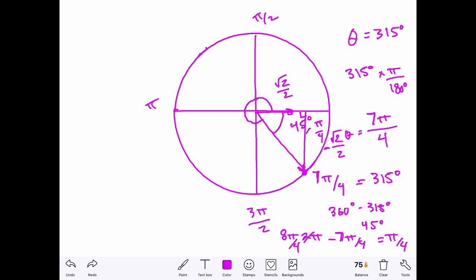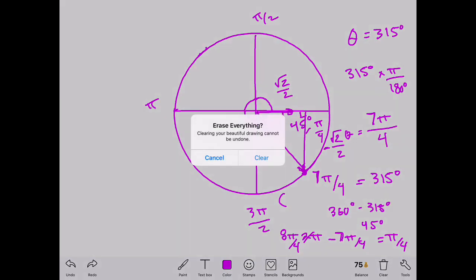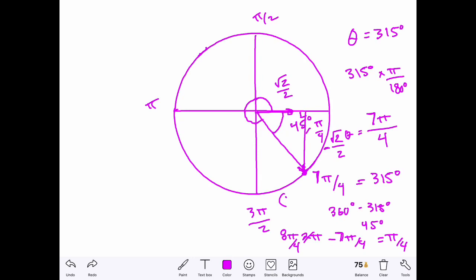So let's put that negative symbol in. So if I were to write this as a point here, this would be root 2 over 2, comma, negative root 2 over 2. This location, this point here.